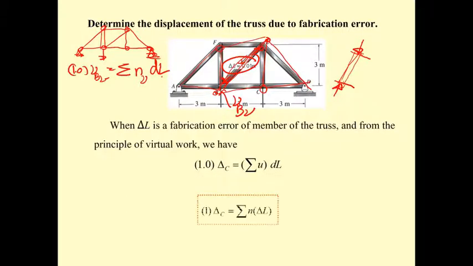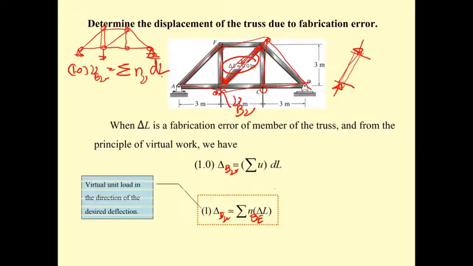Okay, and then your equation is going to be like this. If this is bv, this one is going to be n what? Only n for the member BE, because only BE has delta L, the others won't.